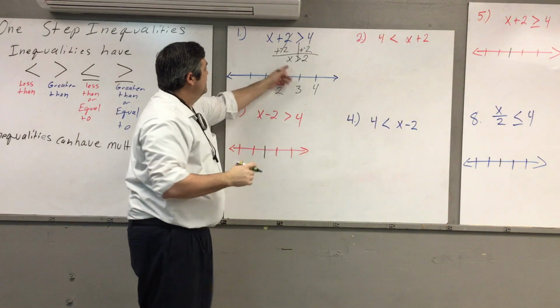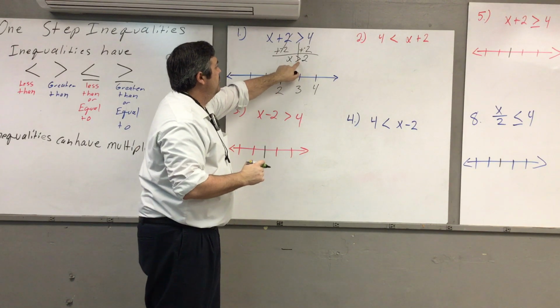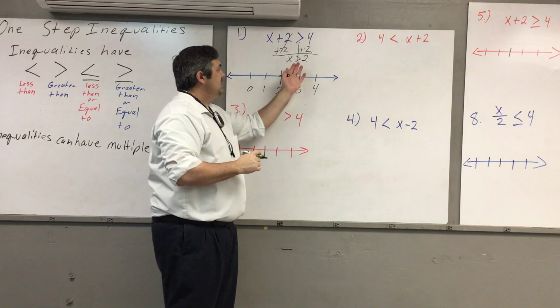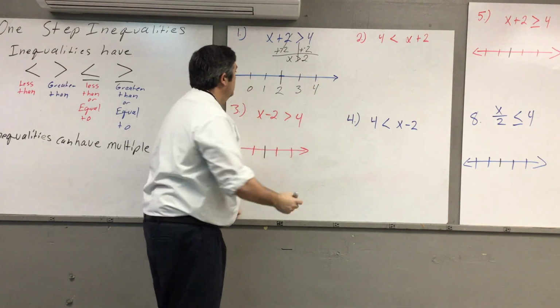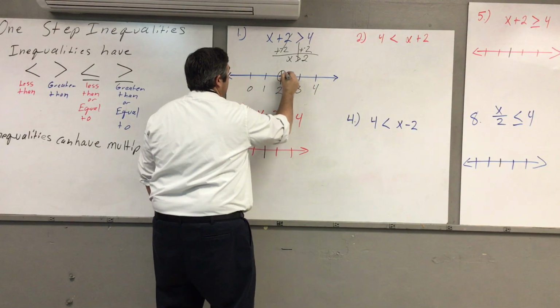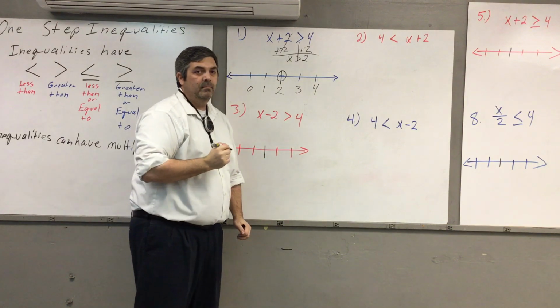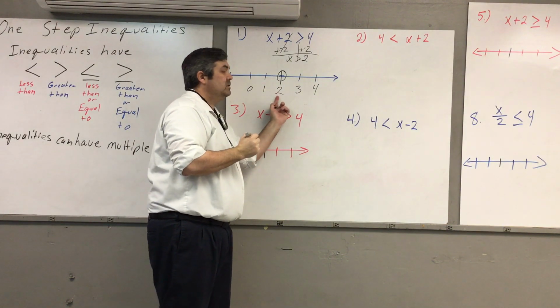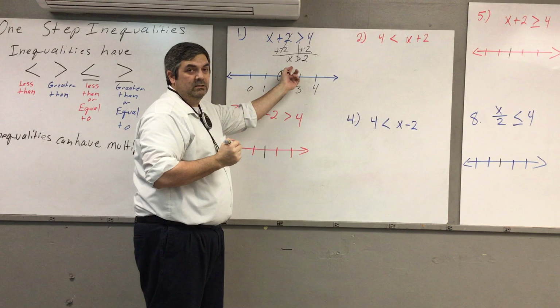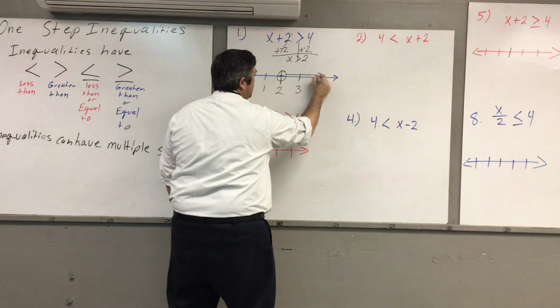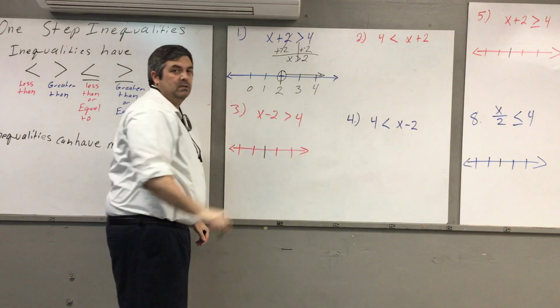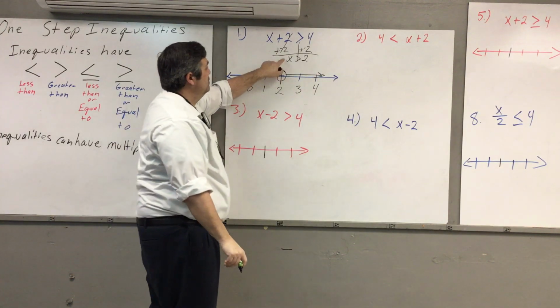And then I'm going to look back at this inequality. Well, that's greater than. It doesn't include this 2, so it's going to be an open circle. So here, we're going to start right there, and anything that is greater than 2 is a solution to this problem. So anything to the right of this is a solution for this problem.